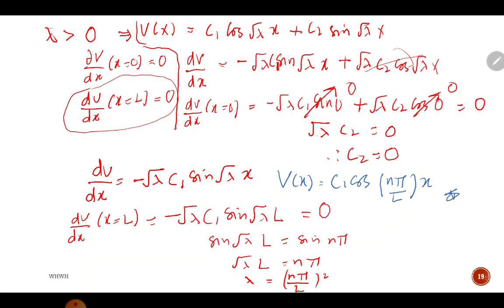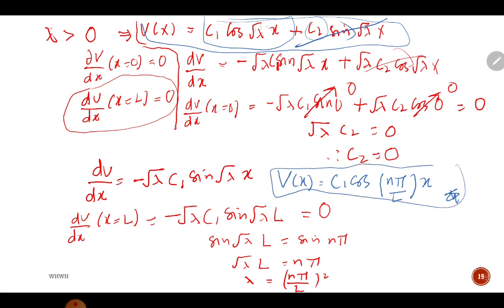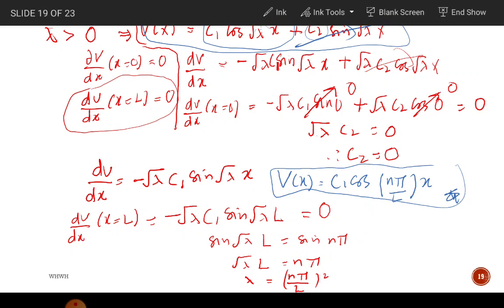C1 ni nanti at the end dia akan hilang juga, ganti dengan Bn macam tadilah. Remember maksudnya this part gone sebab C2 we found out is equals to 0, and we using the first term lambda ni kita ganti dengan n pi over L square. So square root dengan square tu cancel each other, so that's why we come out with this for lambda more than 0. Okay, so now let's check for lambda equals to 0.